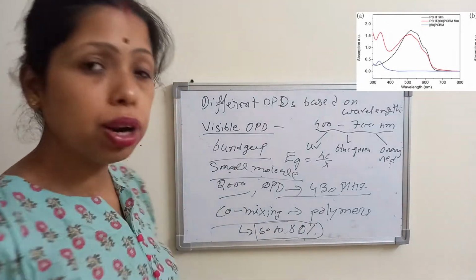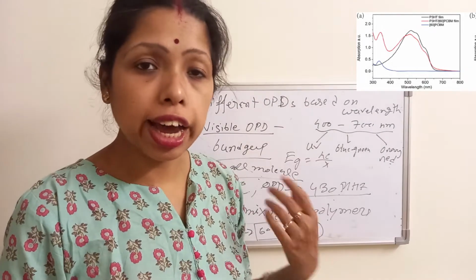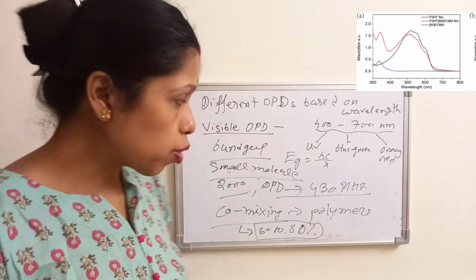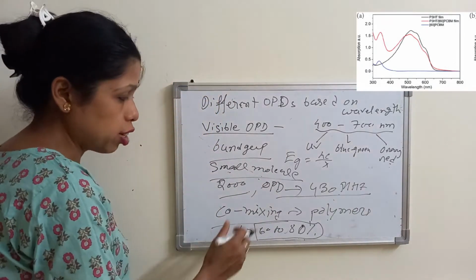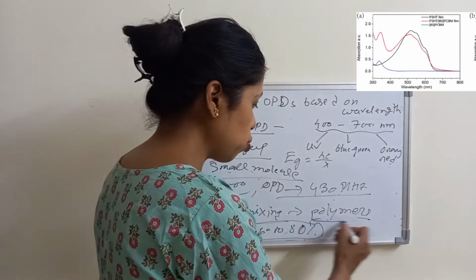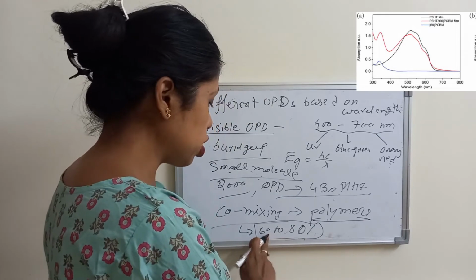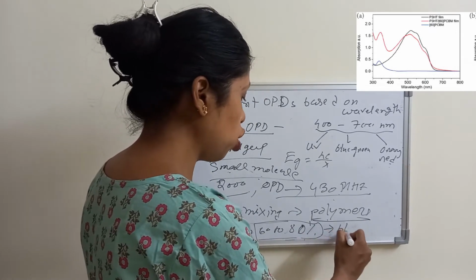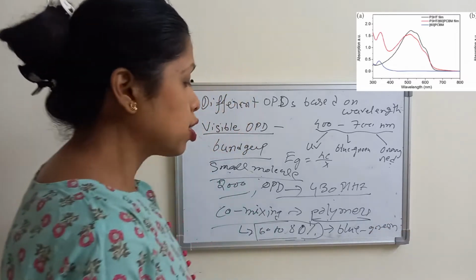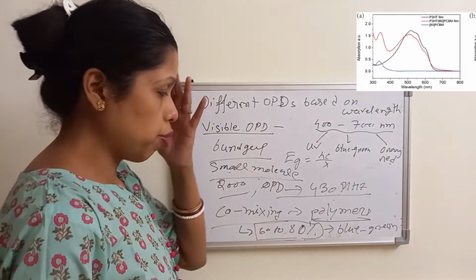We need multiple layers for getting high efficiency with small molecules. So one OPD is designed using the polymer, which can give 60 to 80% efficiency. That is for blue and green. Much research is still going on. So that is one example.